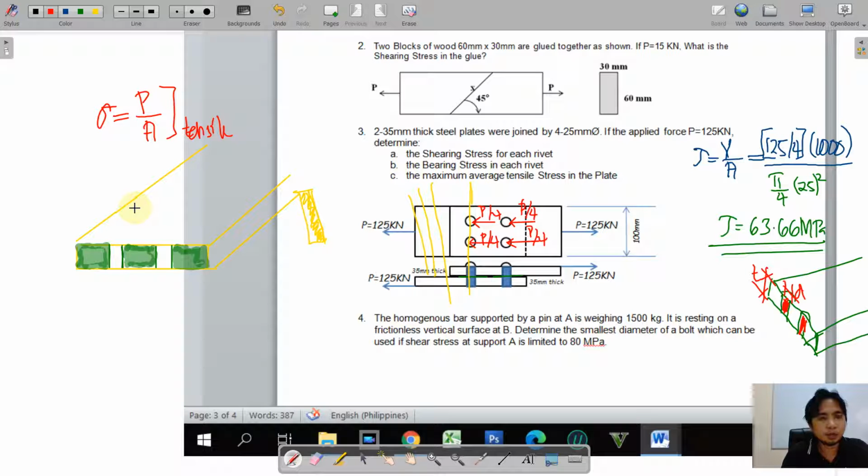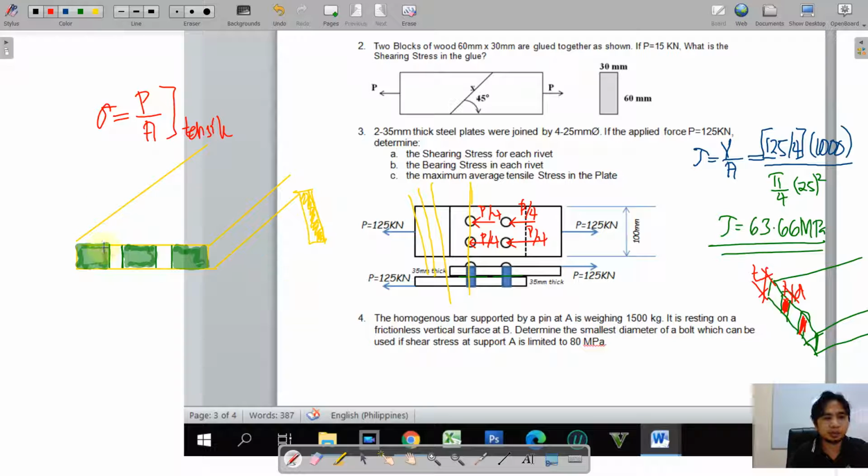But if we have a compression type of stress, this space is filled with the rivet, so meaning it has no effect on compression. But when we have a pulling or stretching of the fiber, of course the space would have a bearing on the area.